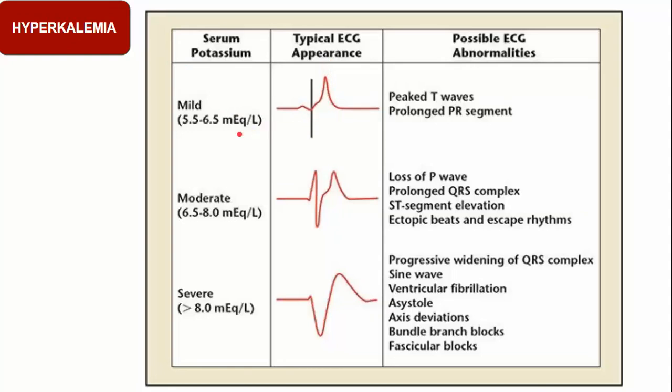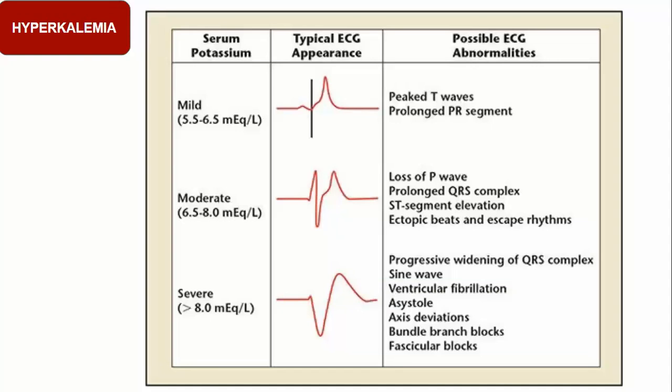But as the hyperkalemia increases, we can see first a loss of the P wave, a prolongation of the QRS complex, in other words, that little bundle branch block pattern, as the conduction begins to slow. It's not really that the bundles are blocked, it's just that conduction through the normal AV node, bundle of His, and Purkinje fibers is slowing down. And so we're in slow motion.